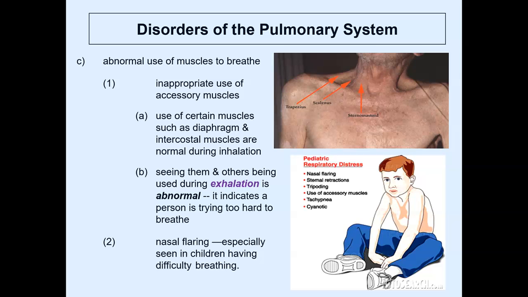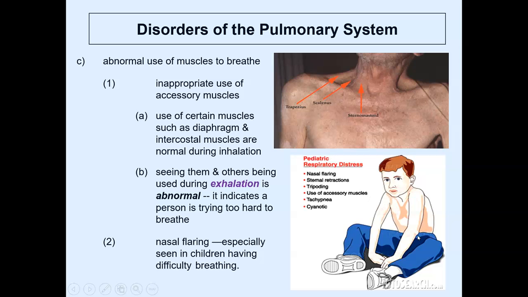But remember, exhalation is supposed to be no energy, just a rebound of the elasticity of our chest muscles. And so when you see individuals using these accessory muscles to exhale, then I want you to think that that must mean that there is some kind of distress with the breathing pattern, that is not normal to use these accessory muscles on exhalation.